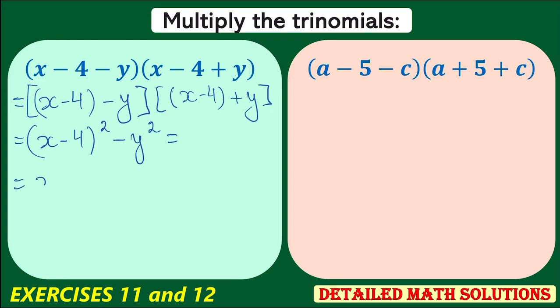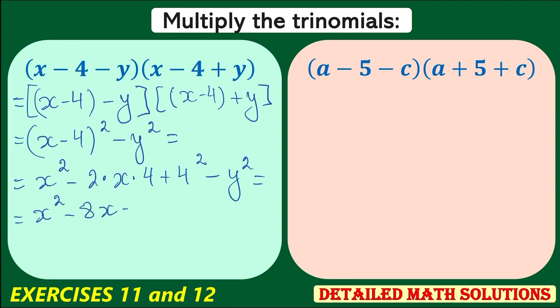This equals x squared minus 2 times x times 4 plus 4 squared minus y squared. This equals x squared minus 8x plus 16 minus y squared. And when I write this in standard form, this equals x squared minus y squared minus 8x plus 16.